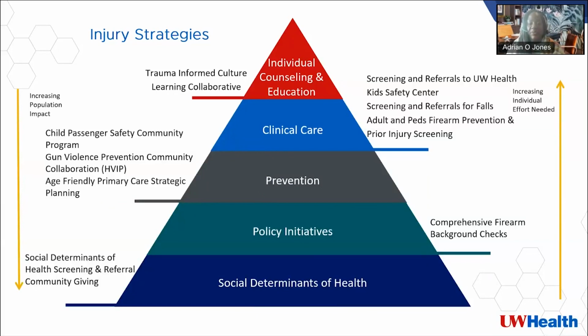So here we have our trauma-informed culture collaborative, which is a group of stakeholders, mostly internal. We're looking at how we can best provide trauma-informed care support, both for staff at UW Health, but then also looking at what that means for making sure our providers are able to have training and education support to be able to provide the best services they can for our patients.